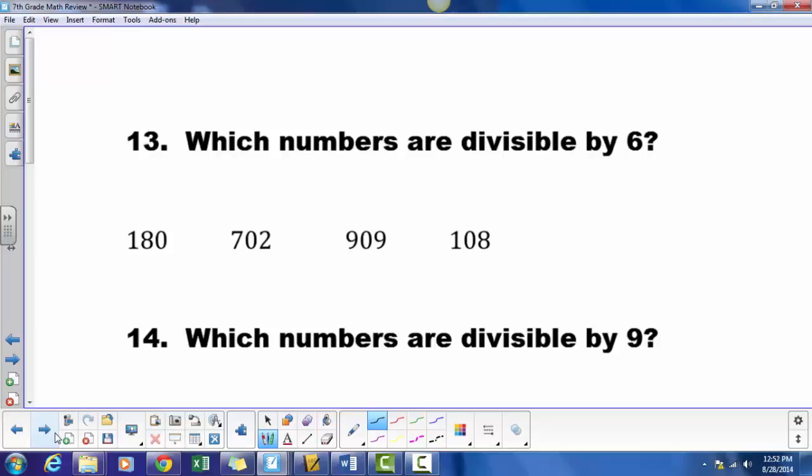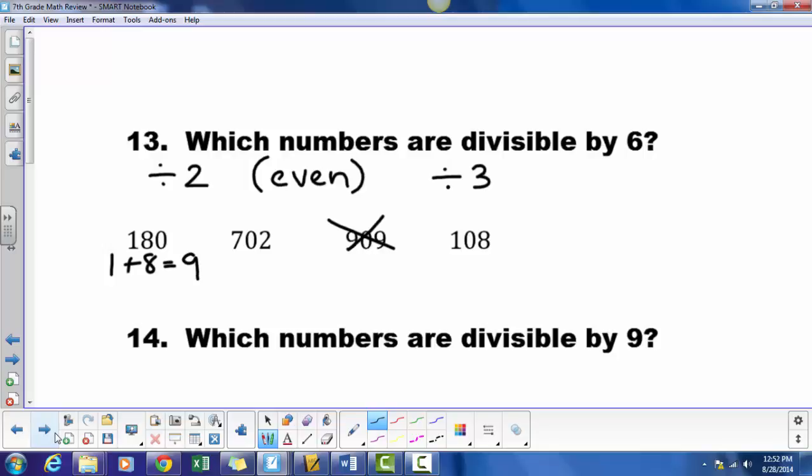Which numbers are divisible by 6? Let's see. If it's divisible by 6, it has to be divisible by 2, which means that it ends in an even number, and it has to be divisible by 3. So let's first of all just cross off any numbers that are not even. So that's not going to be possible. Now these we have to see if they're divisible by 3. So 1 plus 8 equals 9.